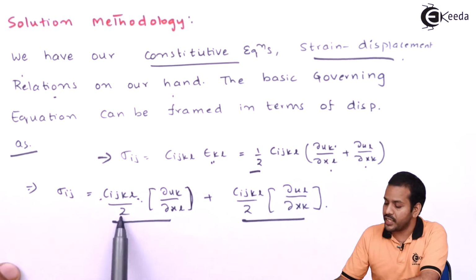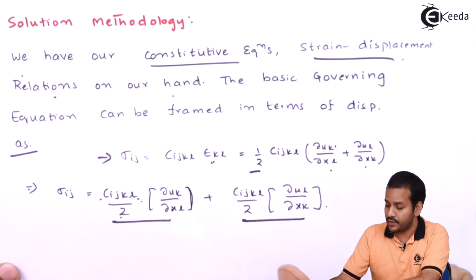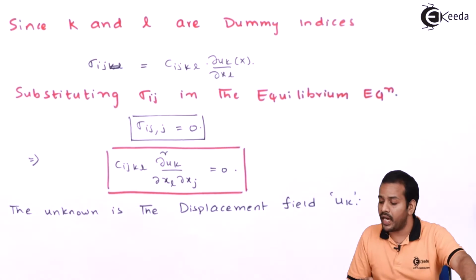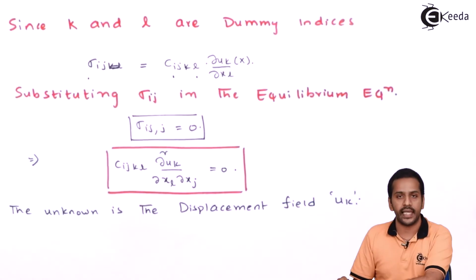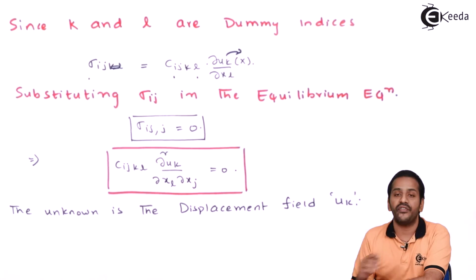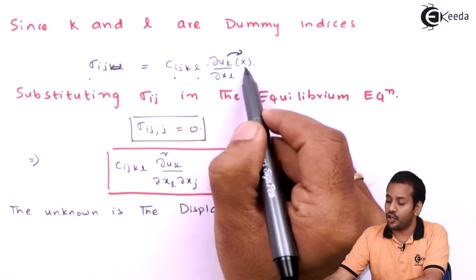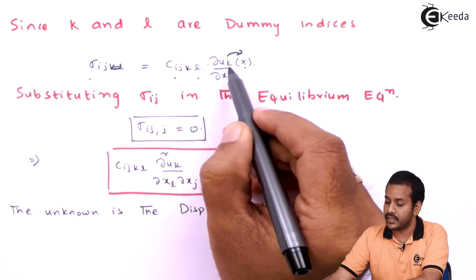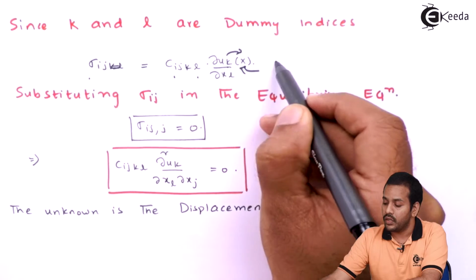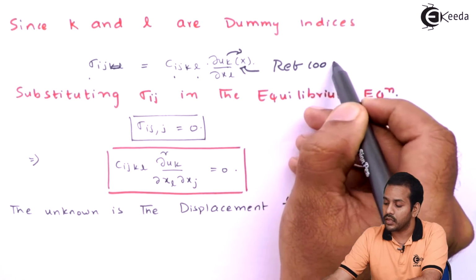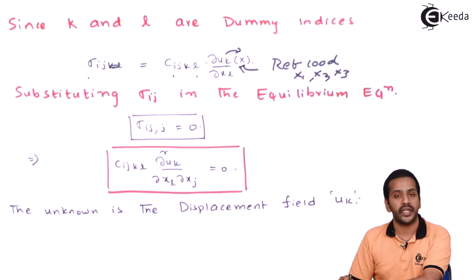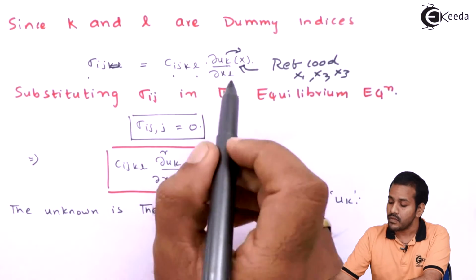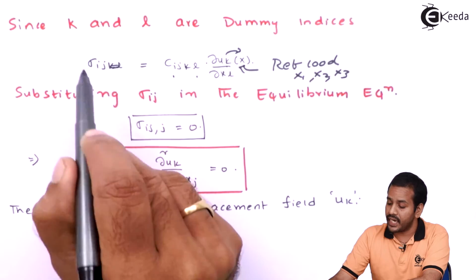So these two terms will be the same, and sigma ij will boil down to sigma ij is equal to C ijkl ∂u_k/∂x_l, where this u_k is a displacement field, which is a function of the reference configuration. That is, this displacement field is a function of the reference coordinates x1, x2, x3. So this is the relation we have.